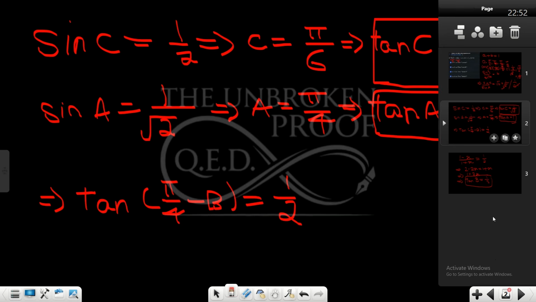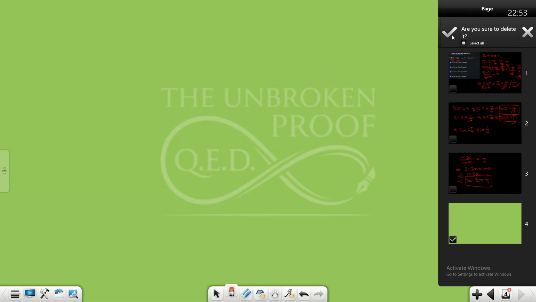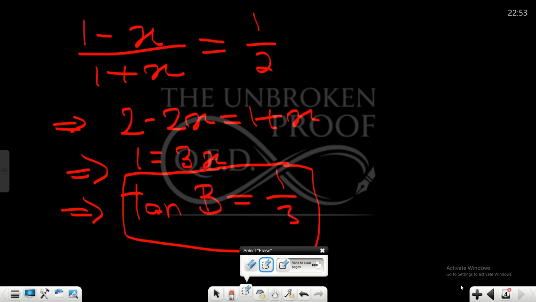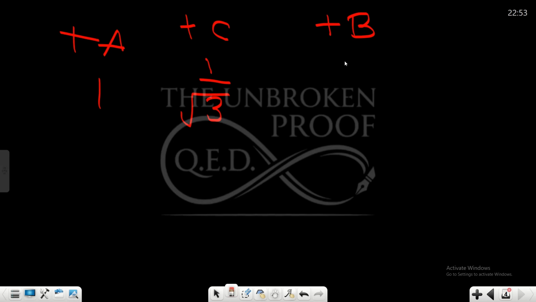Okay, now if you see very carefully, wait, let me remove this page, it is unnecessarily disturbing. Yeah, now if you see tan a is 1, tan c is 1 by root 3, and tan b is 1 by 3.